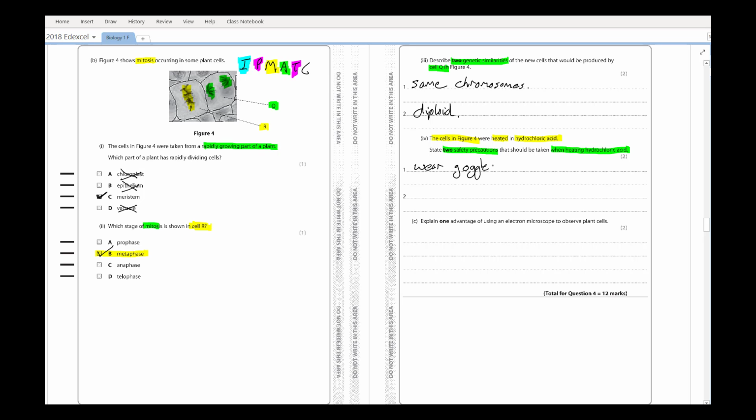The second thing is you could use a water bath to heat the hydrochloric acid, the HCl. An alternative answer is you could wear gloves, which I suppose would be an adequate safety precaution as well.